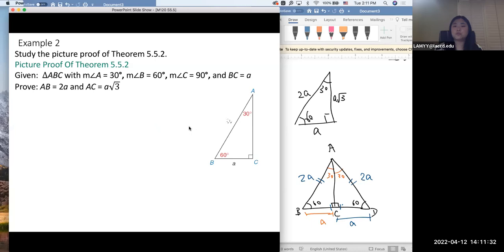We know AB equals 2A and we want to prove AC. So again, I want you to use this formula. Plug it in, you know AB, you know BC. Try to find the longer leg, AC. Plug it in to see what you get.